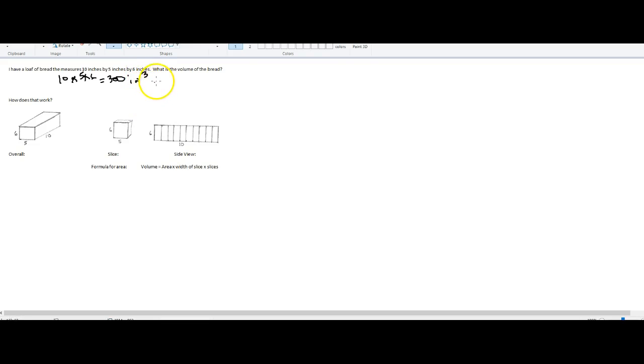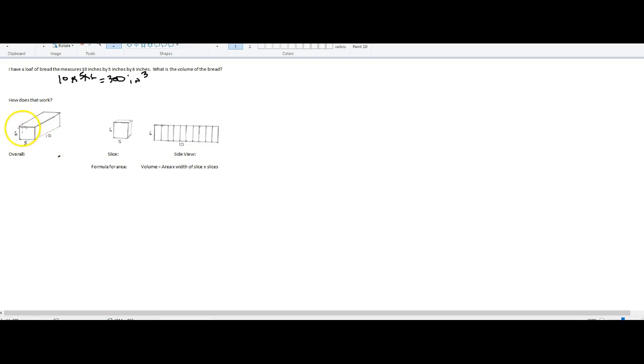But it's actually more fundamental than that, because what you're talking about is if I slice this piece of bread up, I could make 300 little inch cubes, 300 of them, right? And so that's intellectually what we're doing. We look at this problem, I have here a 6 by 5 by 10.